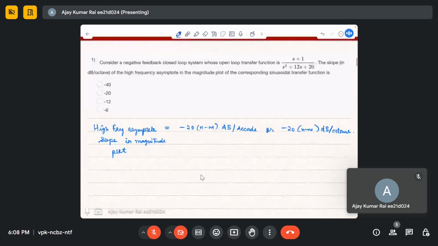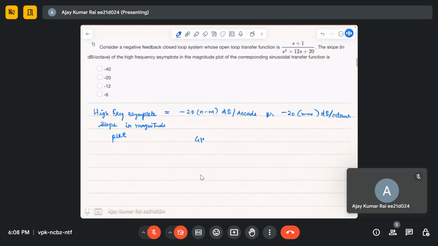Here n is the number of poles and m is the number of zeros. This transfer function is s plus 1 over s square plus 12s plus 20. In the numerator, s plus 1 has 1 zero, so m is equal to 1. The denominator is second order, s square plus 12s plus 20, so it will have 2 roots, which are the open loop poles.